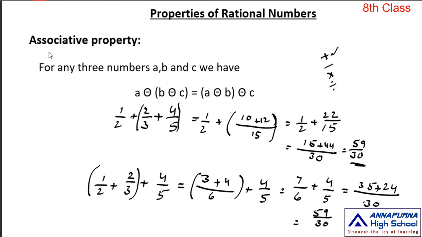That is the character of the associative property. The associative property concerns the order of the fundamental operation. When you apply that operation between three rational numbers in any order, you get the same result. That means the collection of rational numbers satisfies the associative property with respect to addition.